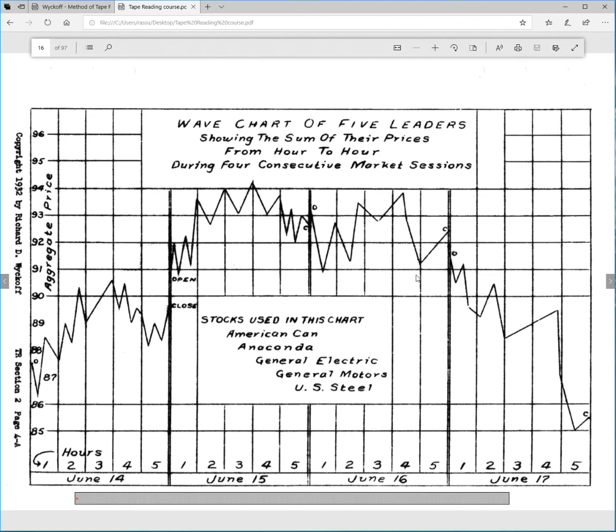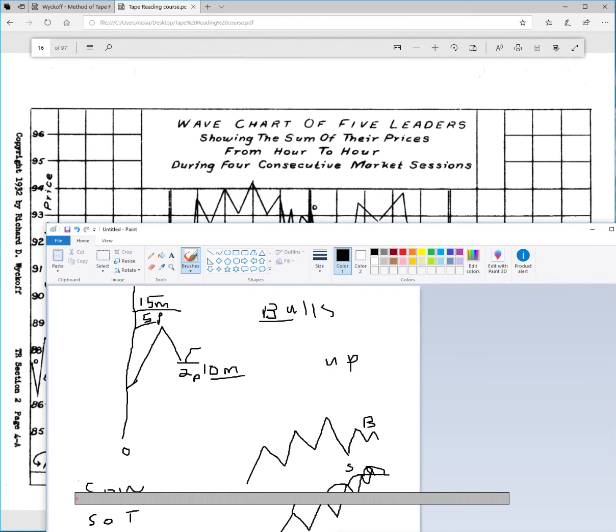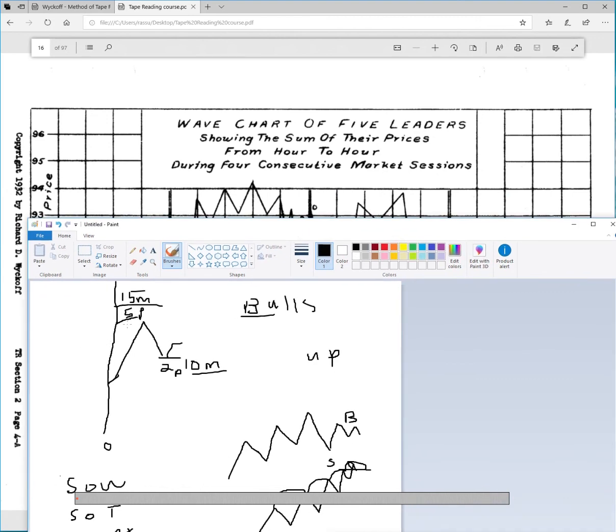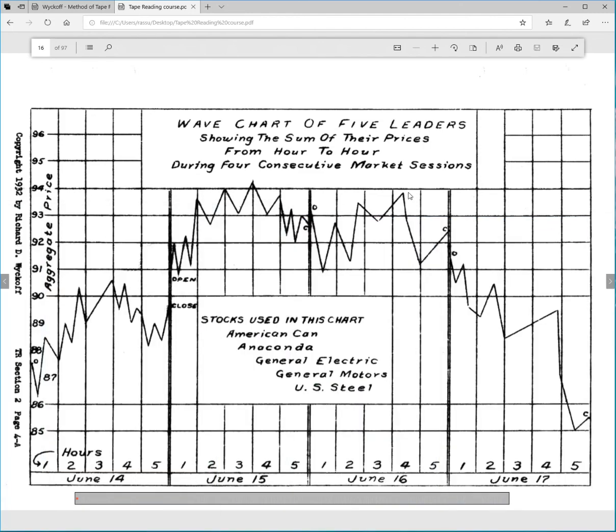Most zigzags have labeling options, so label it with price and time, like I did over here. Price and time, price and time. So 5 points, 15 minutes, 2 points, 10 minutes. This could easily be 5 points over here, and down here could be 30 points, 30 minutes, for example.